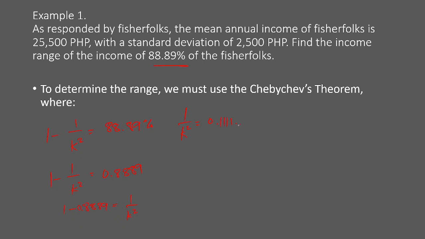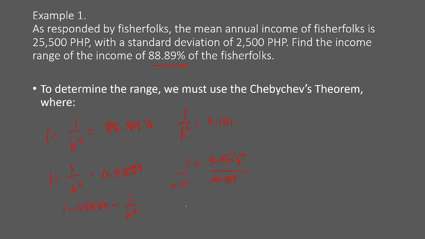Hindi yan mag-end, supposedly. And upon computations, pwede natin gawin na 1 is equal to 0.1111k squared. Tapos divide lang natin sila, both sides, ng 0.1111. So this will cancel out.